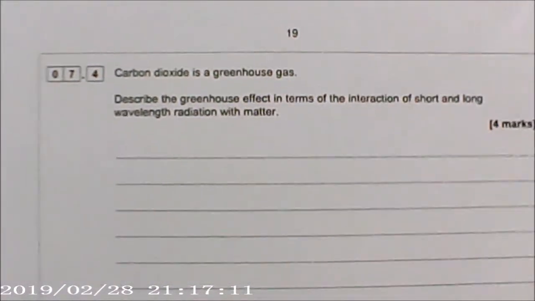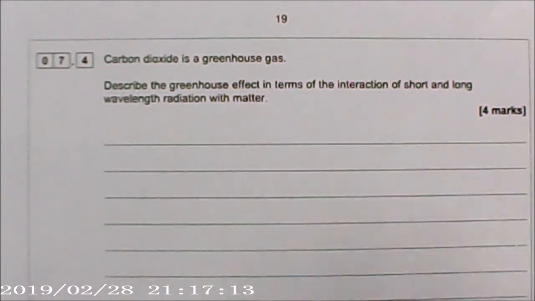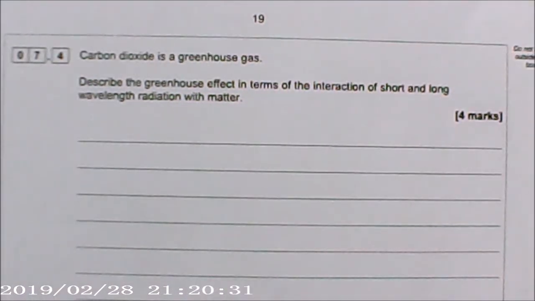So our last question is about greenhouse gases. Right, so the last part of question 7, carbon dioxide is a greenhouse gas. Describe the greenhouse effect in terms of the interaction of short and long wavelength radiation with matter.